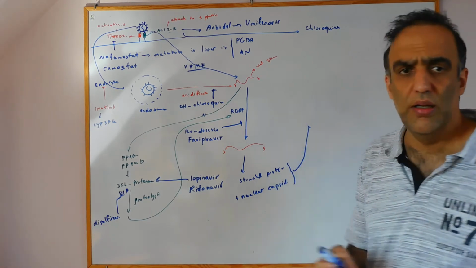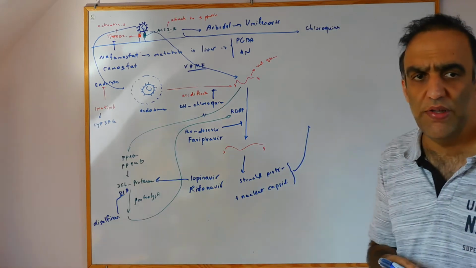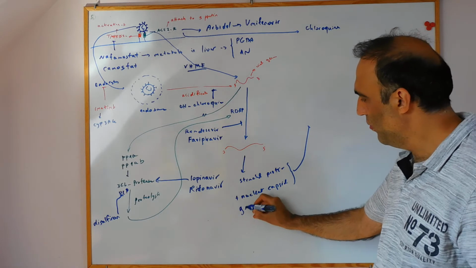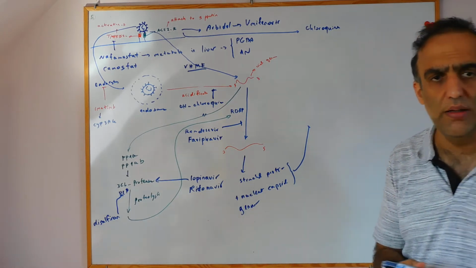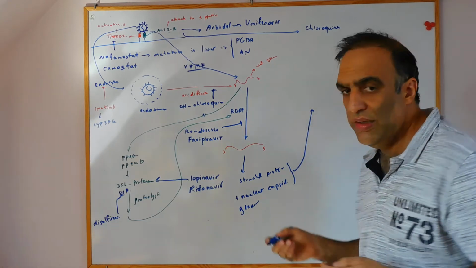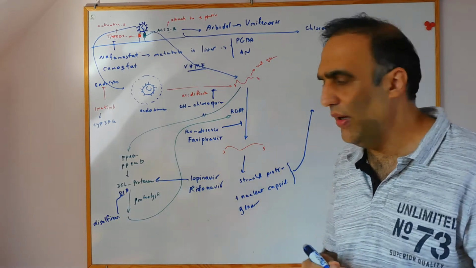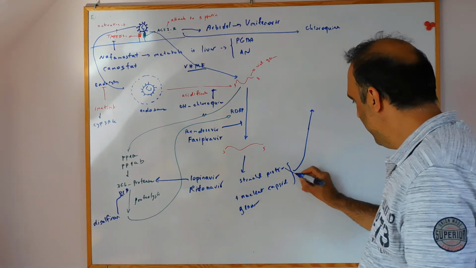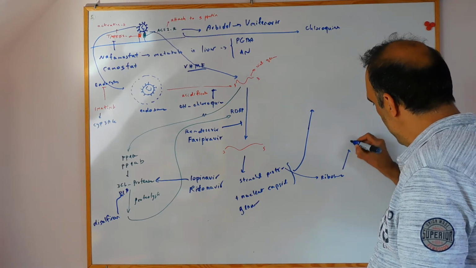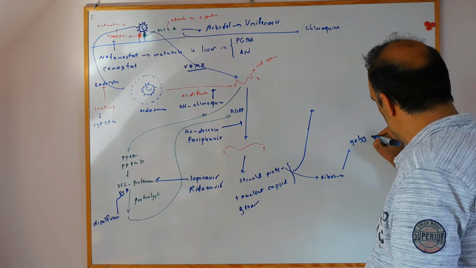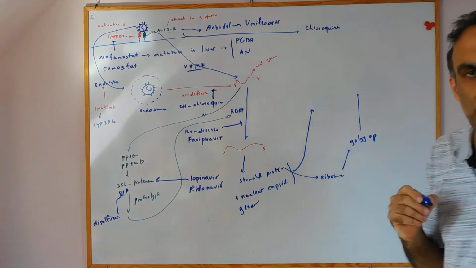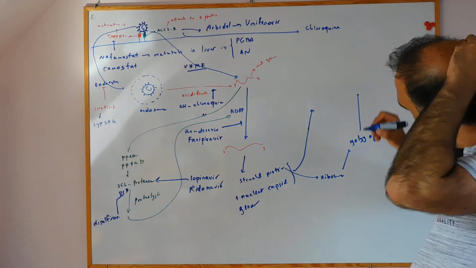Both of them are made with the help of the genome, and go to the membrane. The other step is that the structural proteins go to the ribosome, Golgi apparatus, packaging, then go to the membrane.